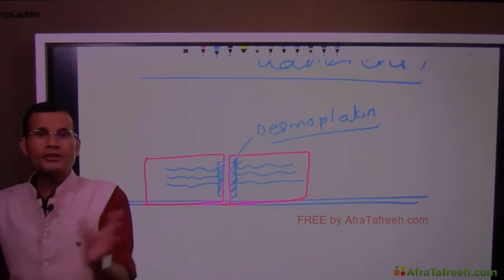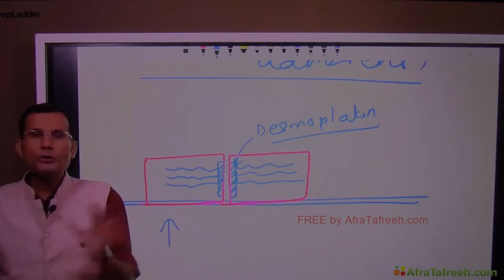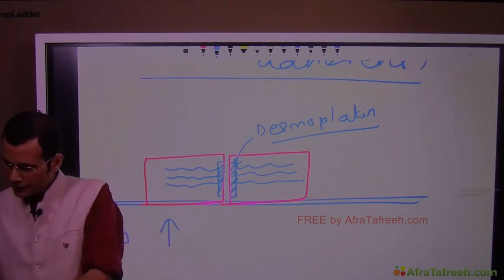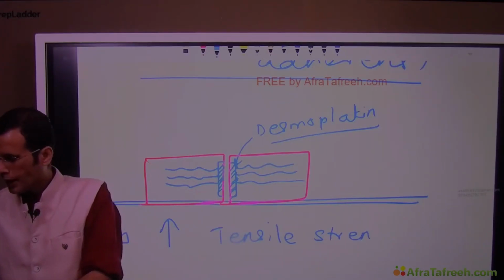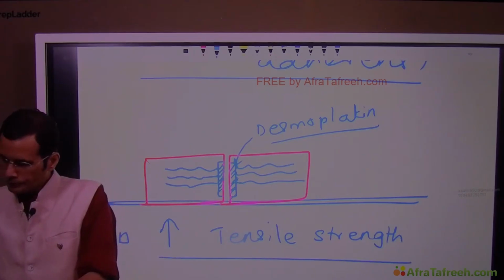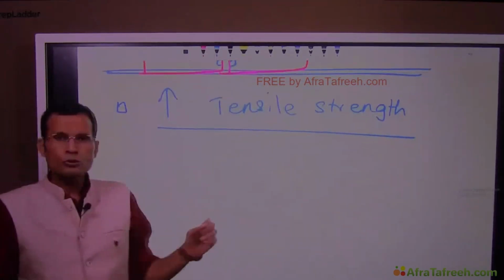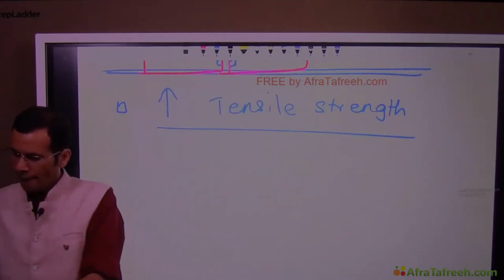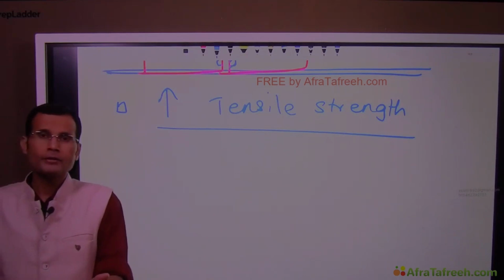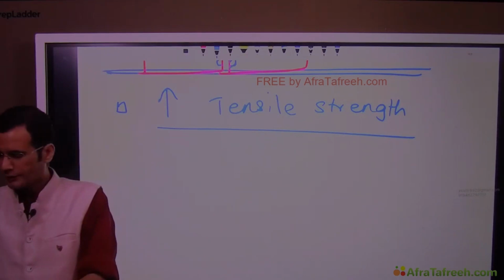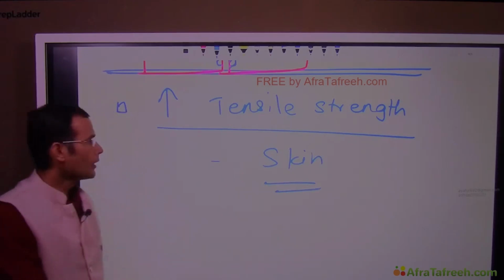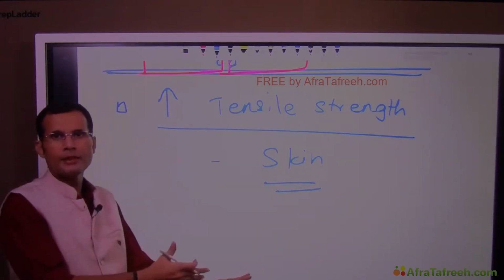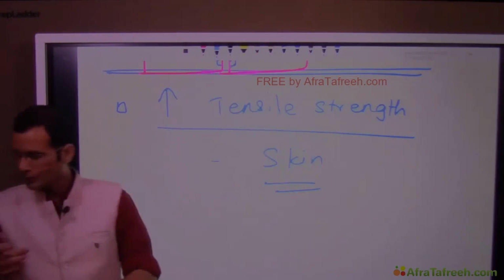So where do you find these junctions? Where the tissue has a high tensile strength. For example, you can guess it, skin. Skin has got a high tensile strength, and skin cells, epithelial cells, will show the desmosomal junctions.